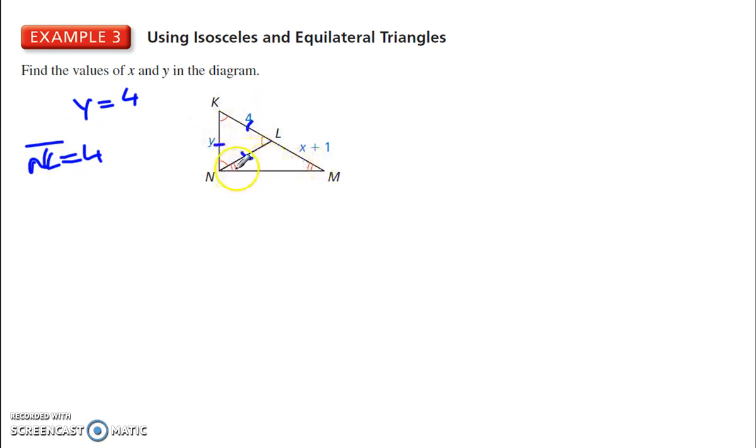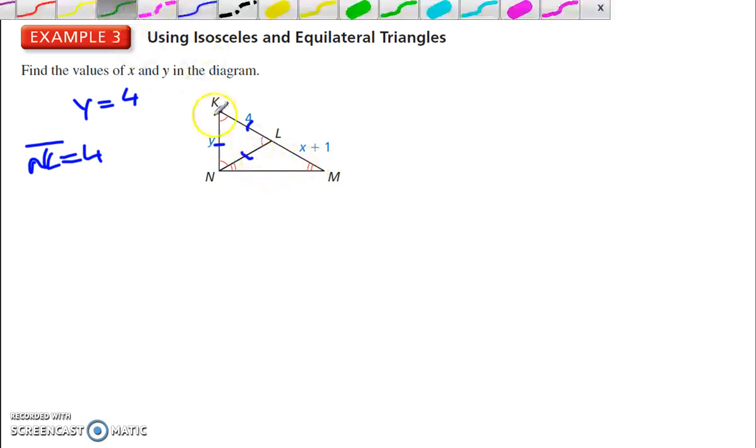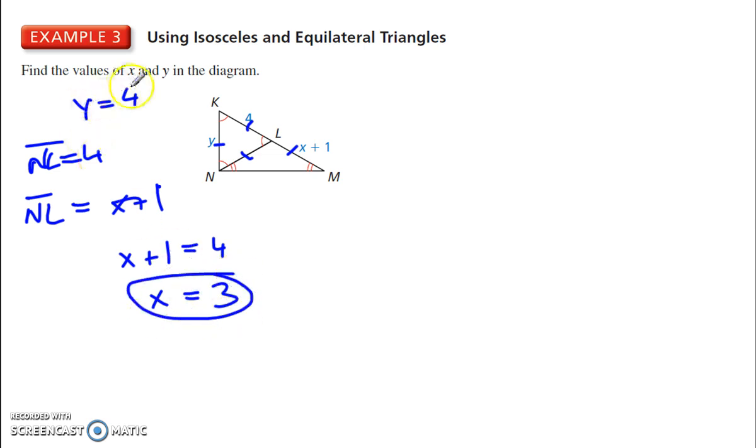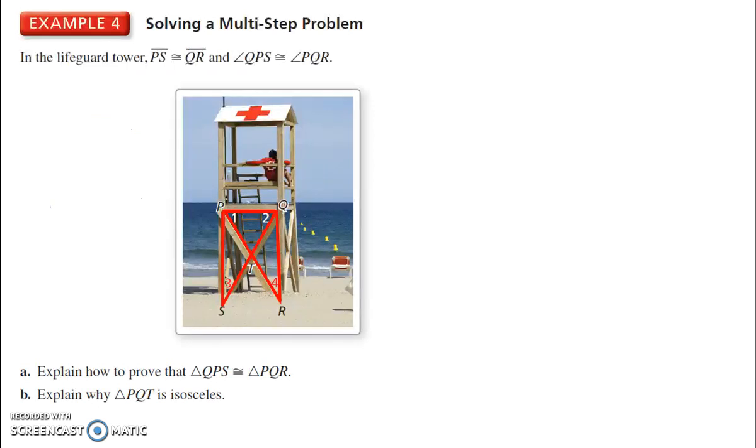And because of base angles theorem, we know that this side is also equal to this side. So, since we know NL is 4, NL is equal to x plus 1, and therefore x plus 1 is equal to 4, and hence x is equal to 3. There we go. Very nice.